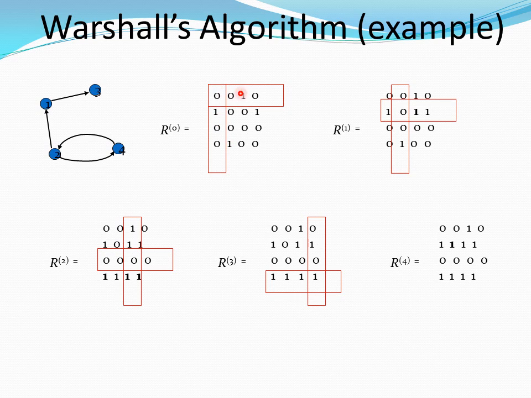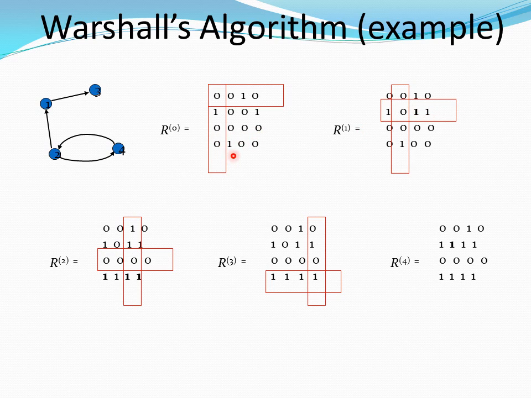Then take the first column and first row. Here 1 0, so 0 1 1. Third row, second column, value 1 1, so here we have to put 1. See here 1. Then a 0 1, so already 1 is there, so we are putting 1.